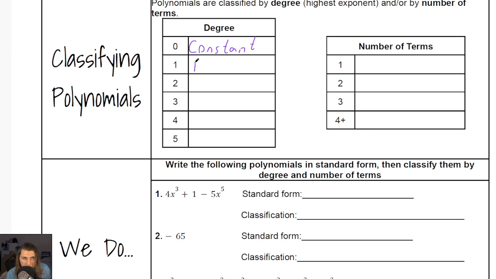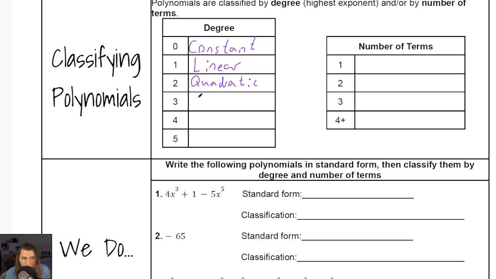For 1 degree, we call it a linear polynomial. So this is like what we did if your equation is just 3x plus 5. That's a linear equation. For a degree of 2, we call it a quadratic equation. We've worked with these also.